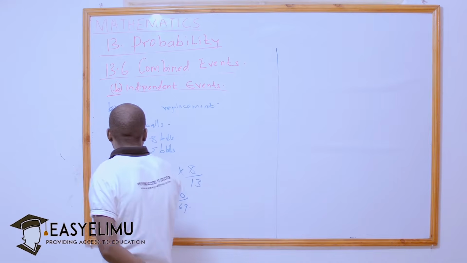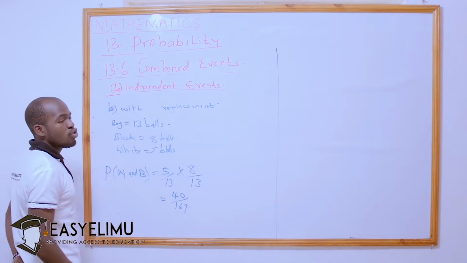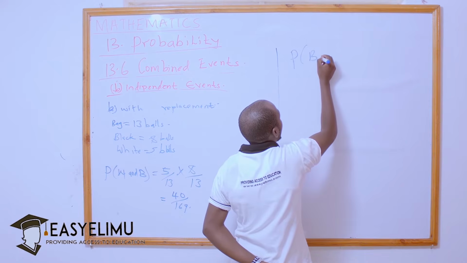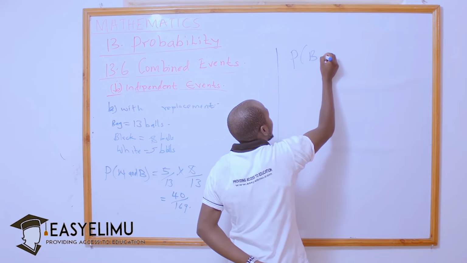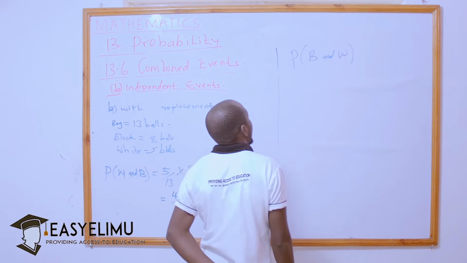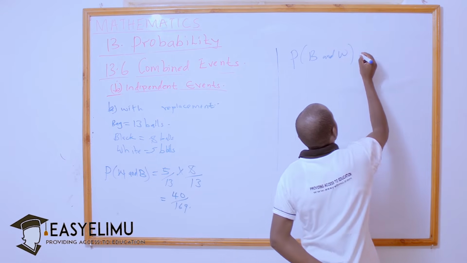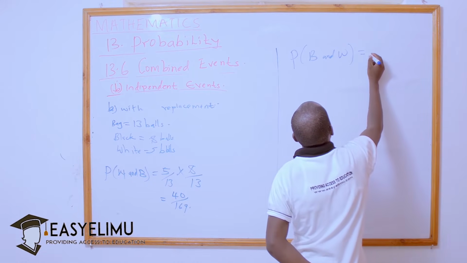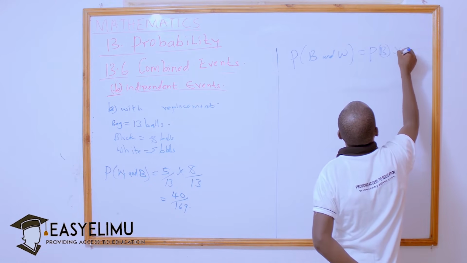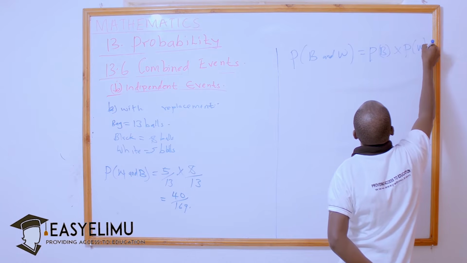The same applies after picking a white ball followed by black: you can also find the probability of picking a black ball followed by white. So it will be black and white, which means finding the probability of black multiplied by the probability of white.